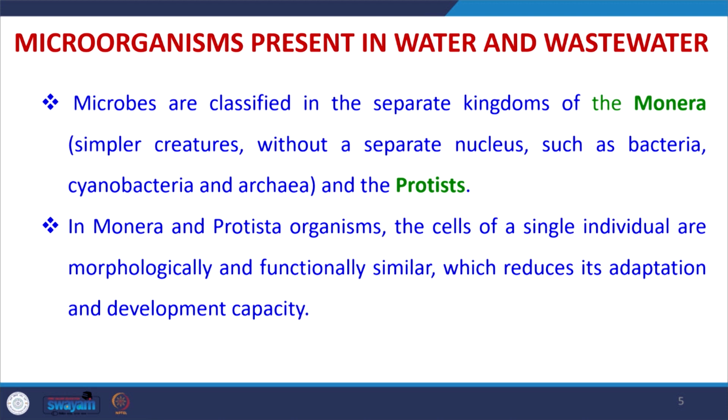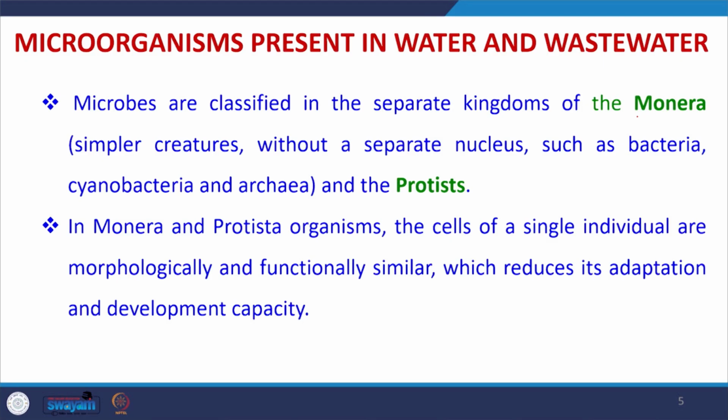There are various types of microorganisms or microbes which may be present in any natural environment or in the wastewater, and these may be classified into two categories. One is Monera and another is Protists.